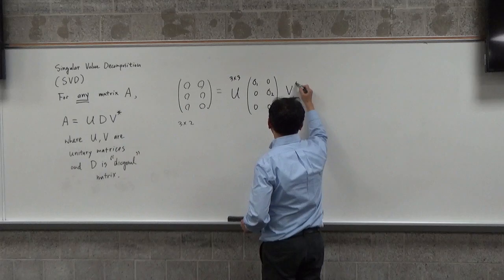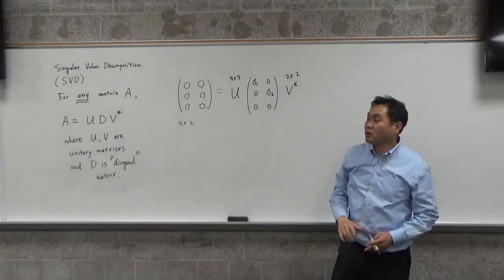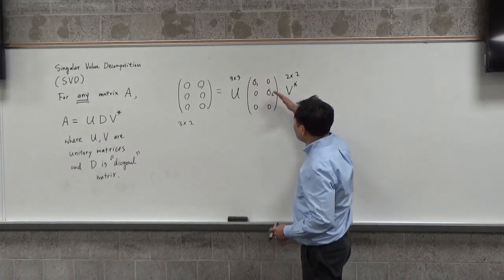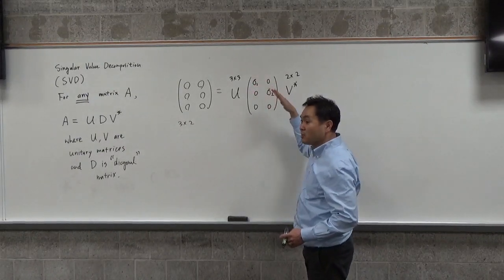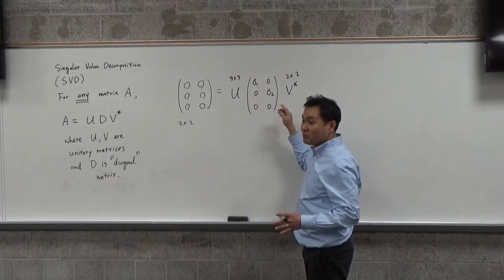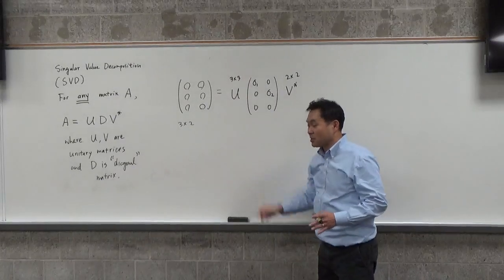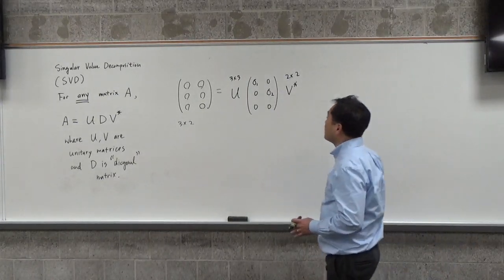And then you have a V star where V is a 2 by 2 matrix. So yes, diagonal matrix means that you have the diagonal elements that are possibly non-zero, and everything off diagonal has to be 0. That's what I mean by diagonal.